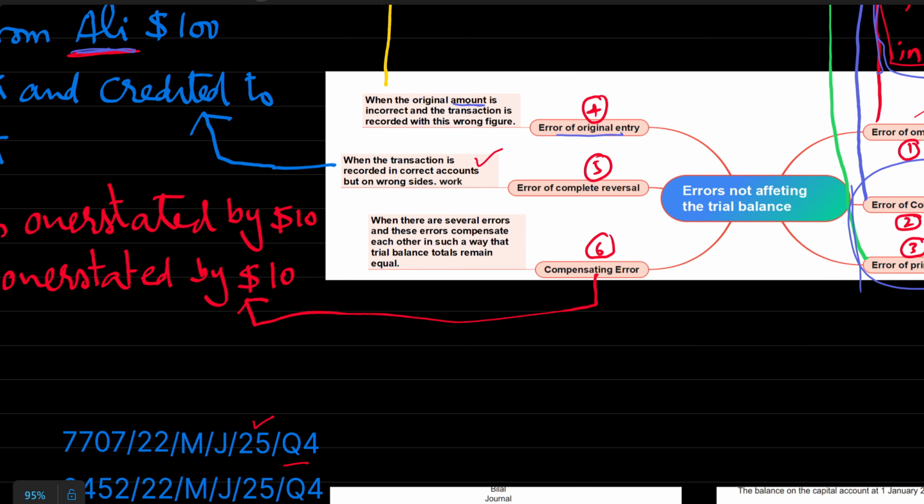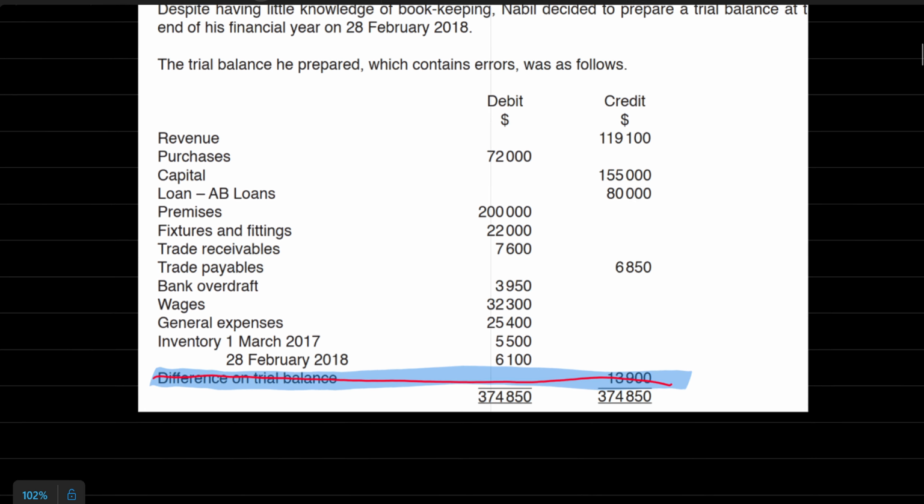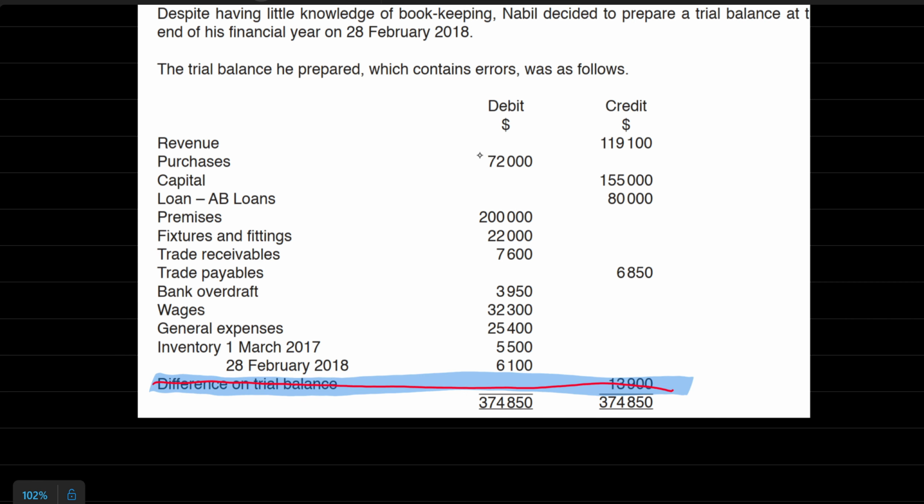Compensating errors. Compensating errors are when there are several errors. For example, let us move to the trial balance. If we overstate purchases by 100, this is one error, and we overstate sales by 100.